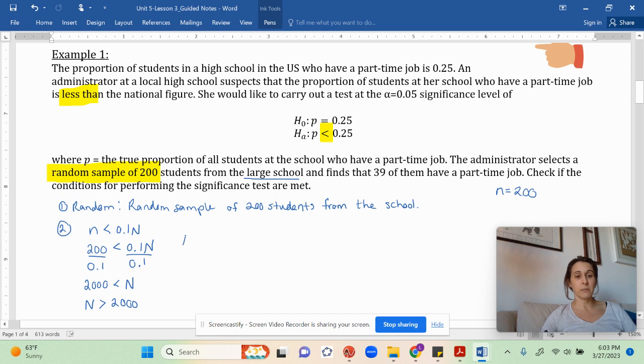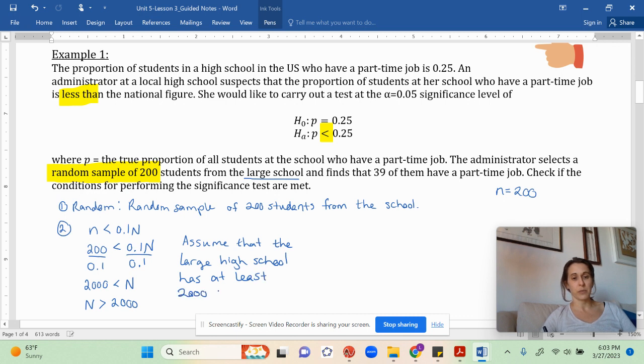So I'm going to assume that the large high school has at least, sorry, not 200, at least 2,000 students. That's the population, which has to be at least 2,000 students.